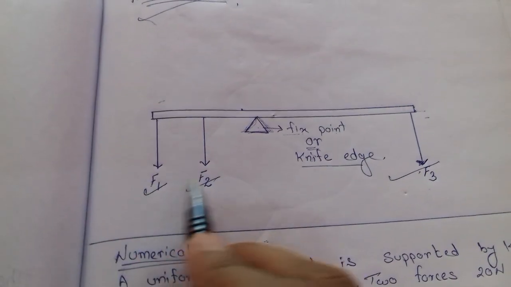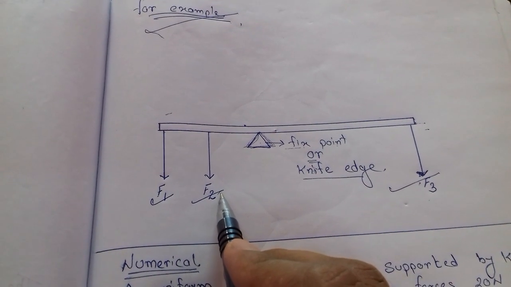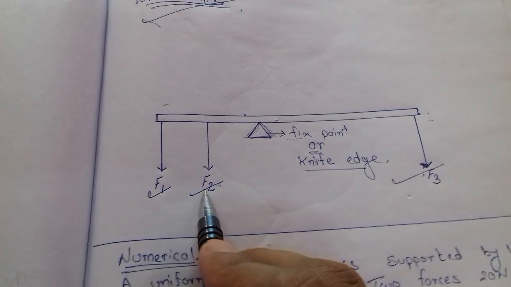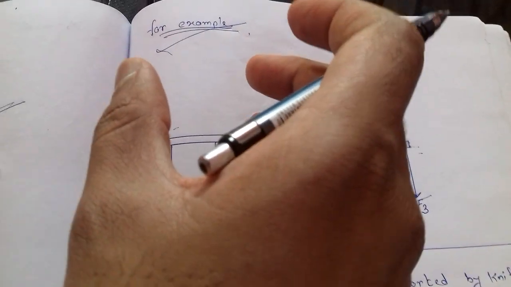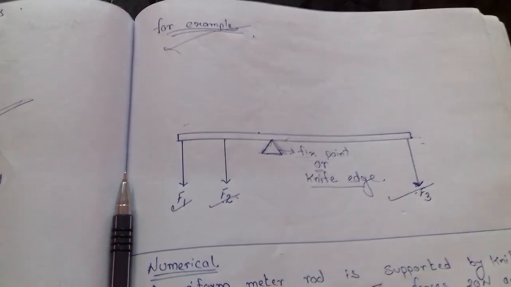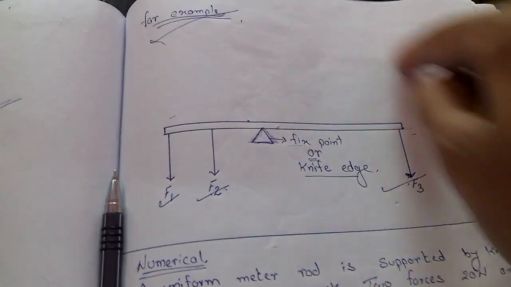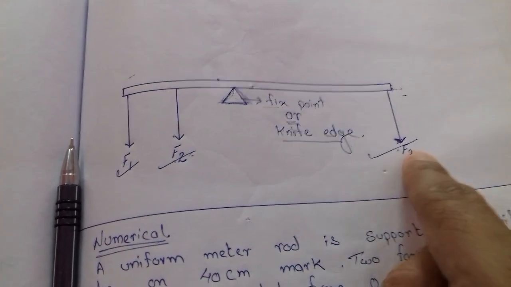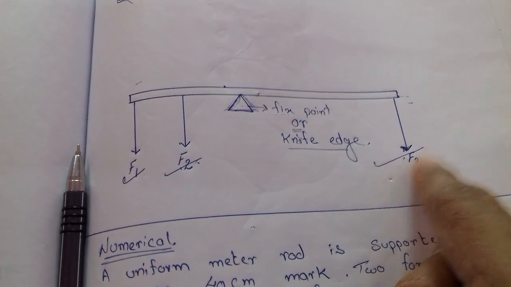So F1 and F2 are creating the anti-clockwise moment. Why? Because these two forces are trying to turn the rod in an anti-clockwise direction. It will move like this, and F3 is trying to rotate the rod in a clockwise direction.